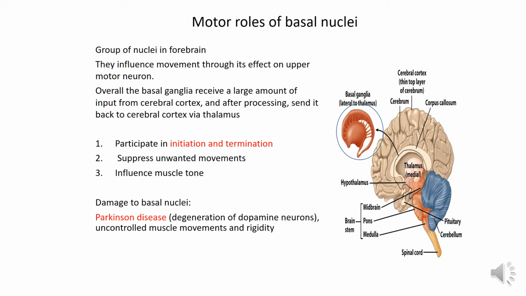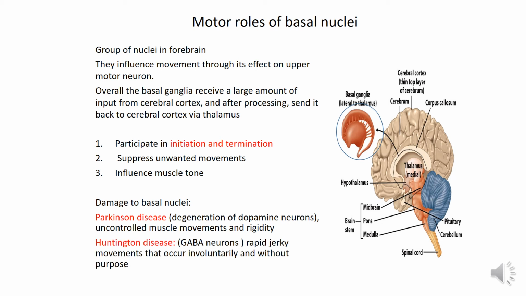This disease is associated with uncontrolled muscle movement, which is known as static tremors. Tremors appear during rest, in the form of pill rolling. Parkinson's is also associated with rigidity. Rigidity means increase in the muscle tone.